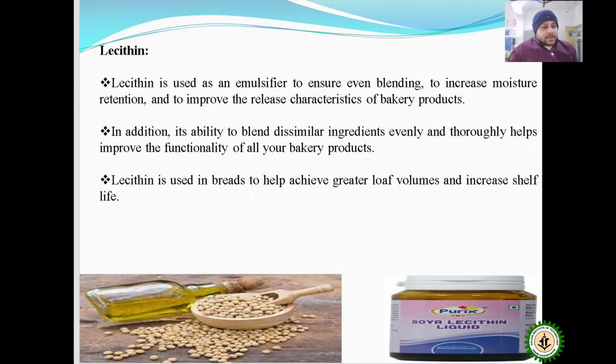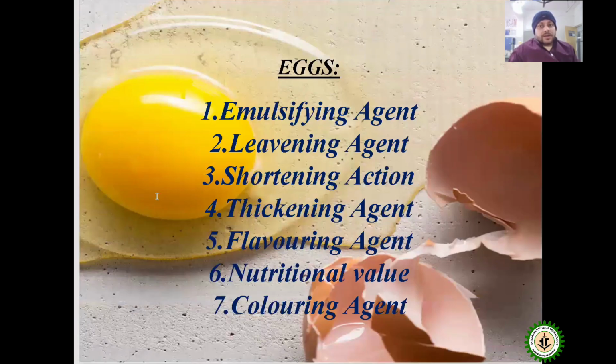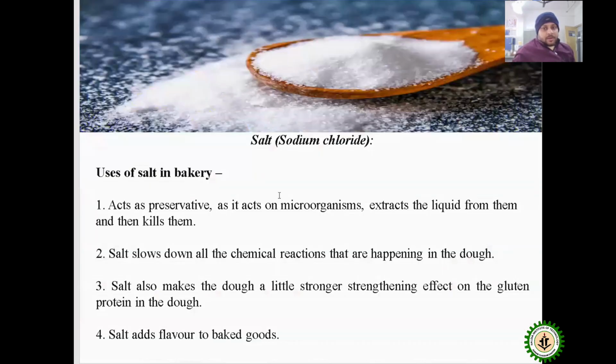After lecithin, the next optional ingredient is egg. Egg acts as an emulsifying agent, and is also used as a leavening agent, shortening agent, and for flavoring and nutritional value.